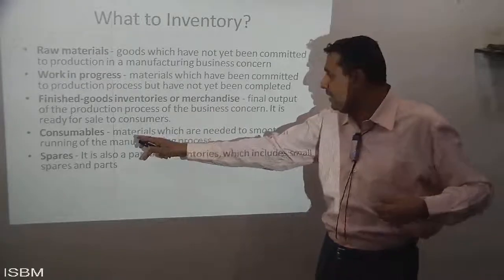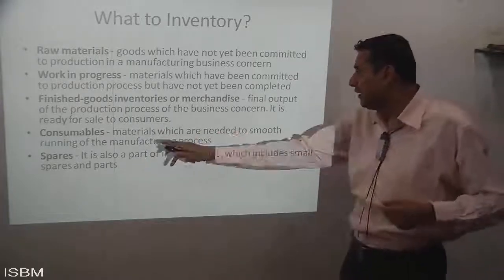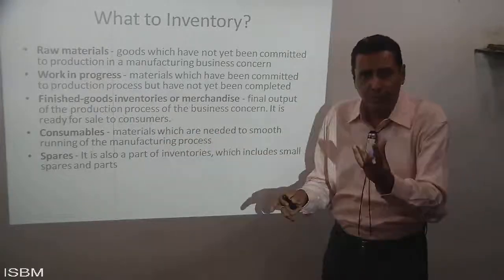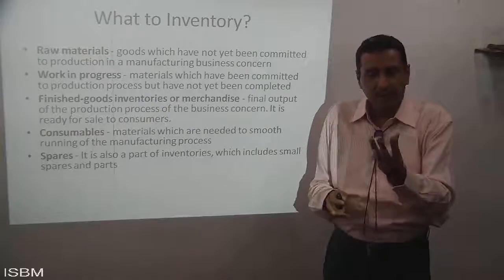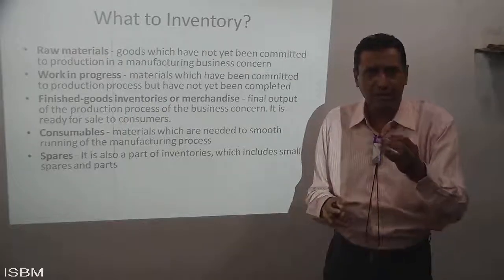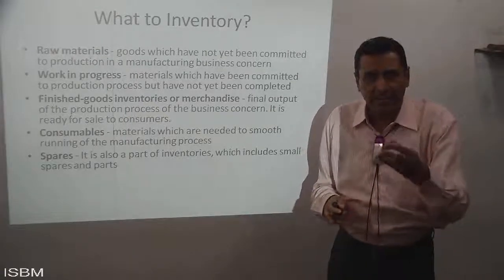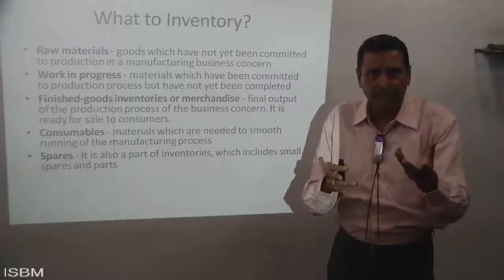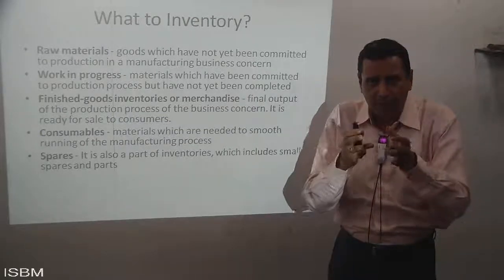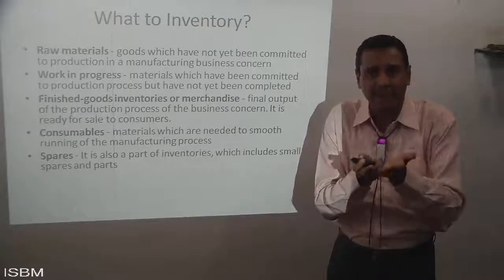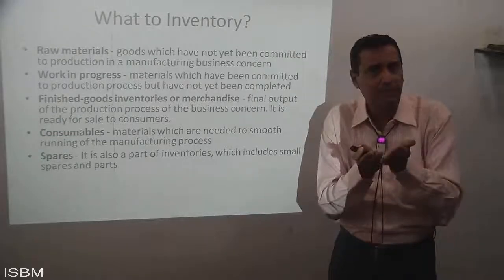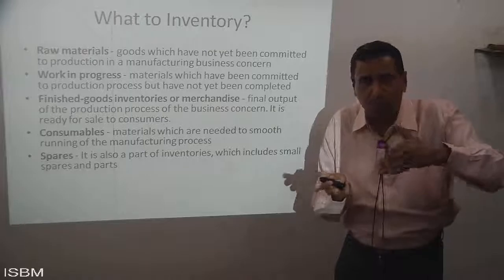Then we have consumables, materials which are needed for smooth running of the manufacturing process. Consumables are items like nuts, bolts, V-belts, which are normal consumables used in the machinery. We keep those inventories in the store to ensure smooth production.